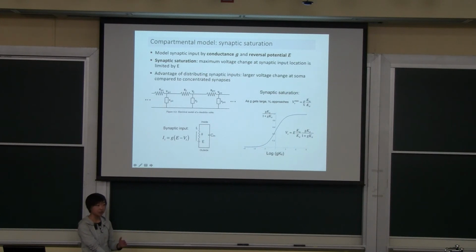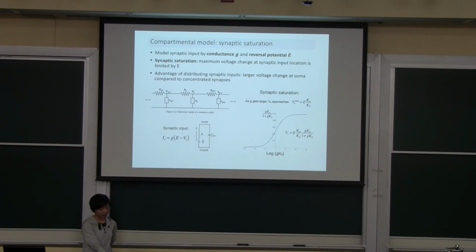So there's a limit for how large a voltage change you can cause by a synaptic input. And he also mentioned if you distribute those synapses, then you can avoid those kinds of synaptic saturation phenomena. Right?